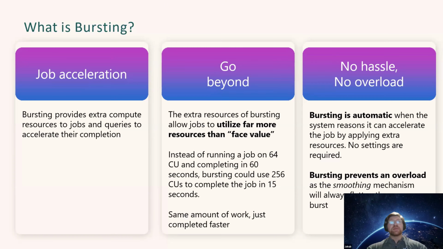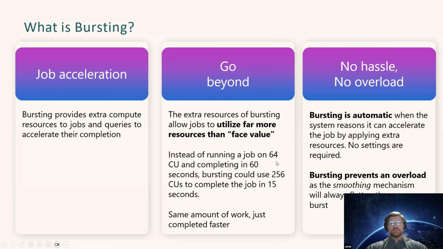First is bursting, which provides you extra compute resources to jobs and queries to make your jobs more accelerated. So instead of running a specific job for a few seconds, you can do it much faster, just multiplying the capacity units which are dedicated for the specific process.